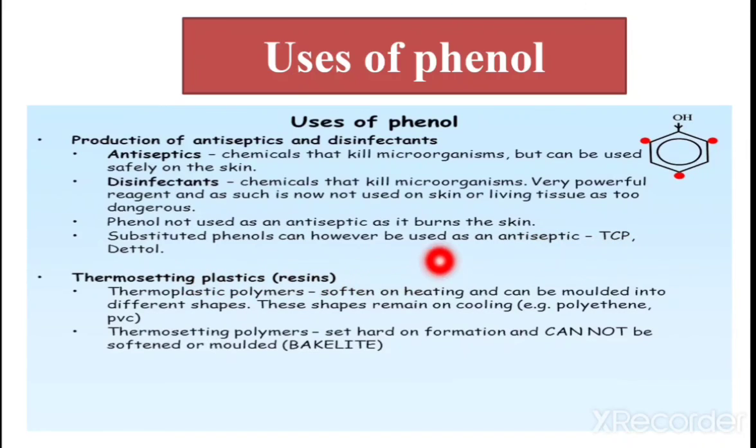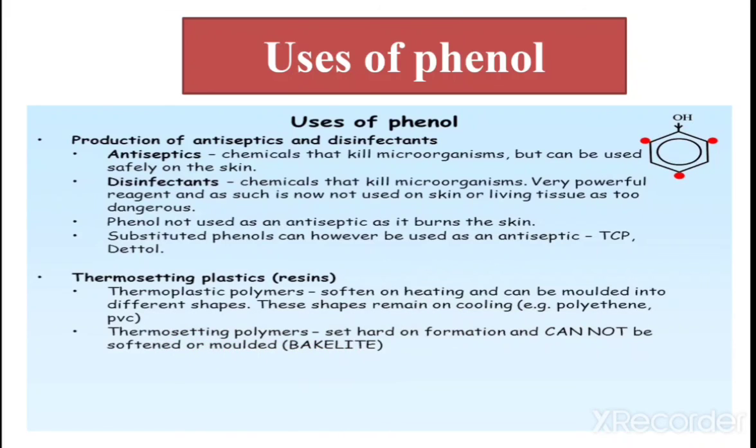Now the next point, thermosetting plastic, that is the resin. Thermoplastic polymers soften on heating and can be molded into different shapes, and these shapes remain on cooling. Examples are polyethylene and PVC. Thermosetting polymers set hard on formation and cannot be softened or molded.